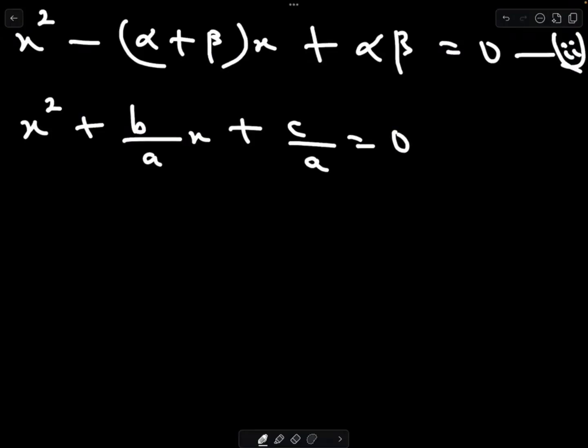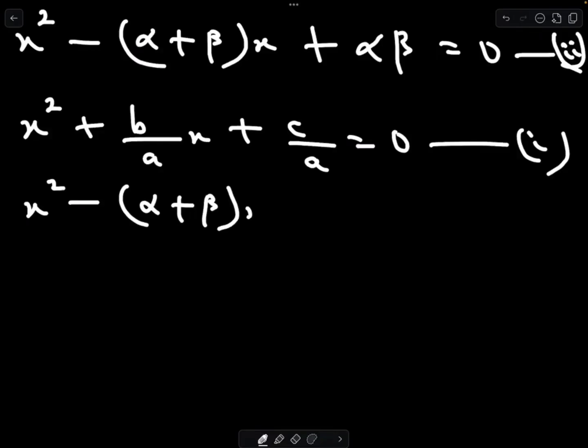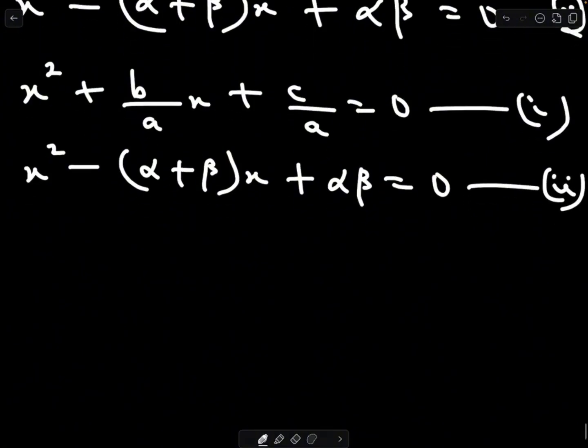That's equation 1. While equation 2 is x squared minus into bracket alpha plus beta times x plus alpha beta equals 0. That's equation 2.